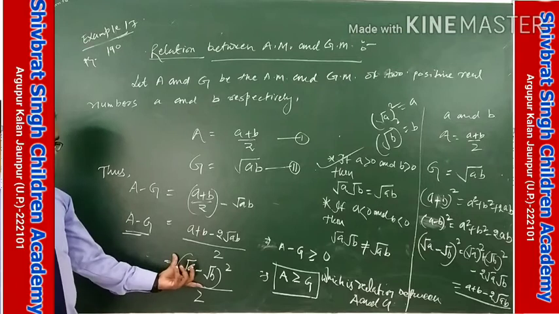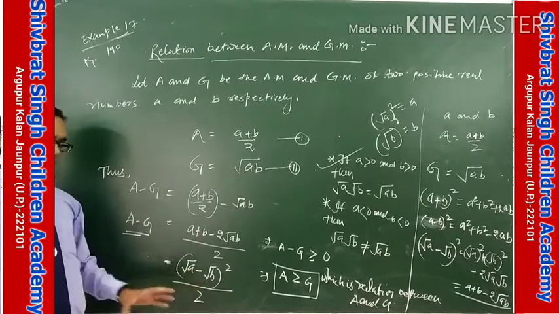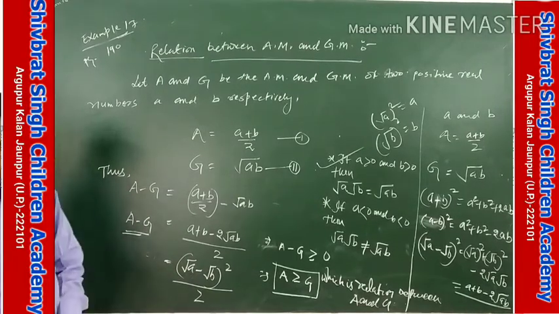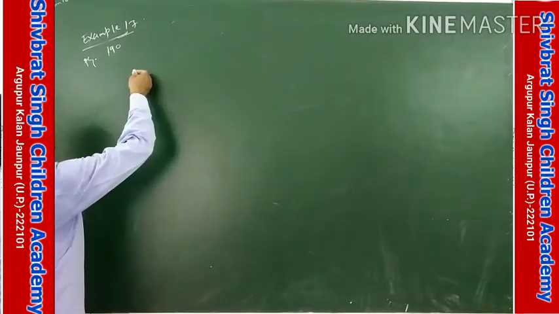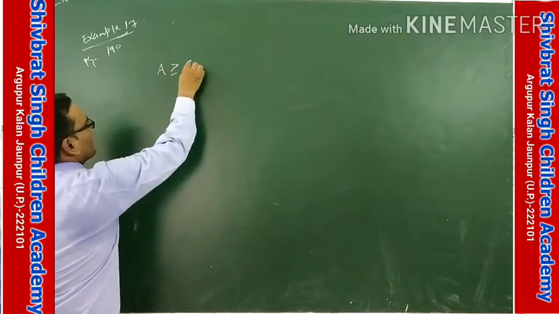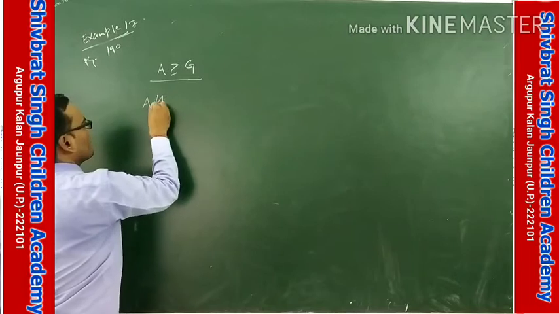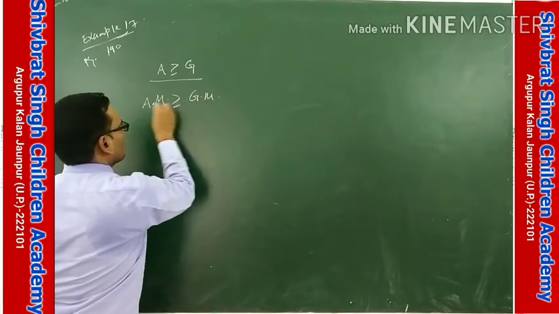Understand? The square of any number is greater than or equal to 0.